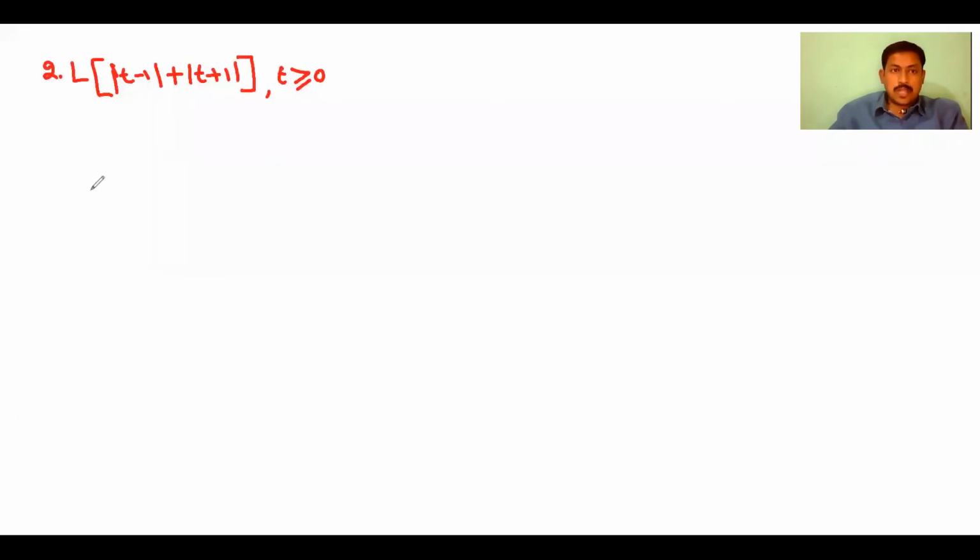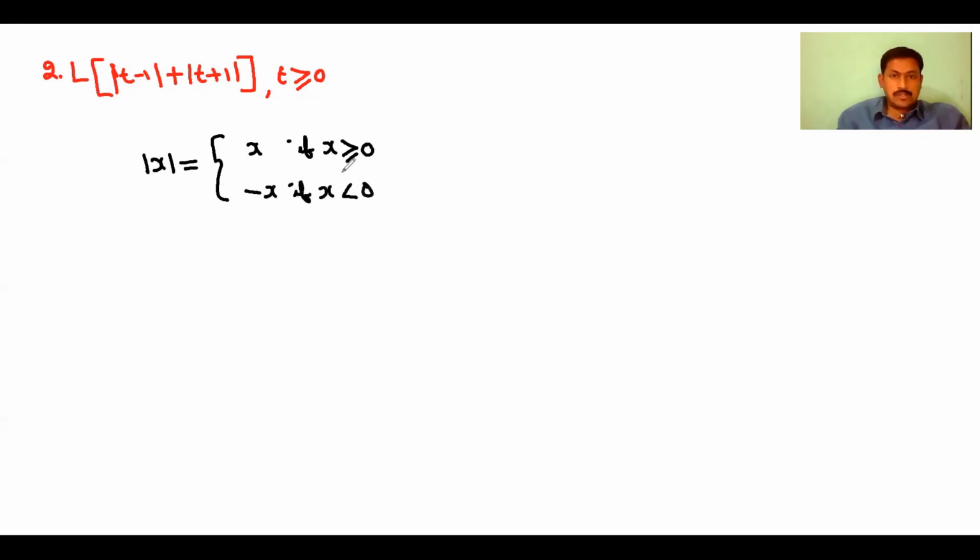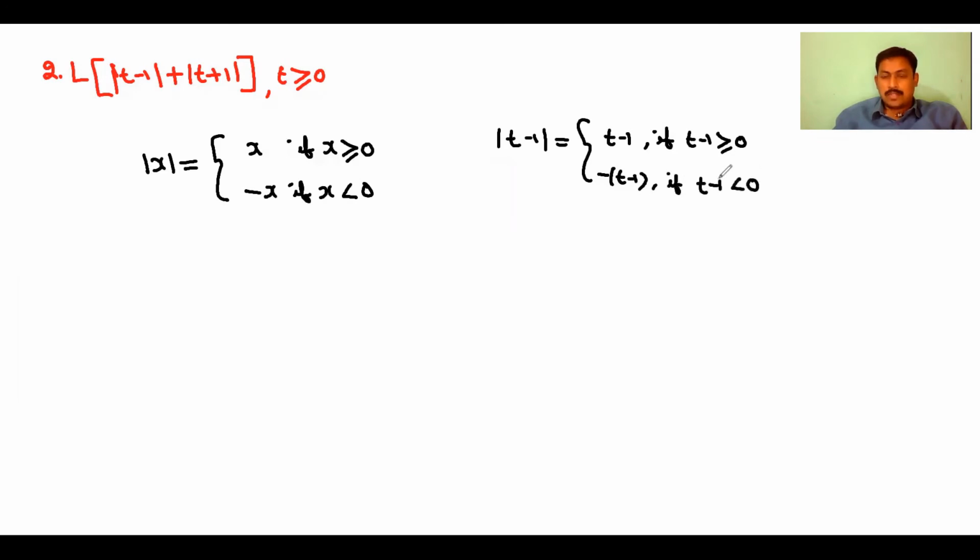The next problem is L of modulus of t minus 1 plus modulus of t plus 1. To solve this, we have to use the modulus condition, that is modulus of x equals x if x is greater than or equal to 0, and minus x if x is less than 0. So using this condition, we can write modulus of t minus 1 as t minus 1 if t minus 1 is greater than or equal to 0, and minus of t minus 1 if t minus 1 is less than 0.